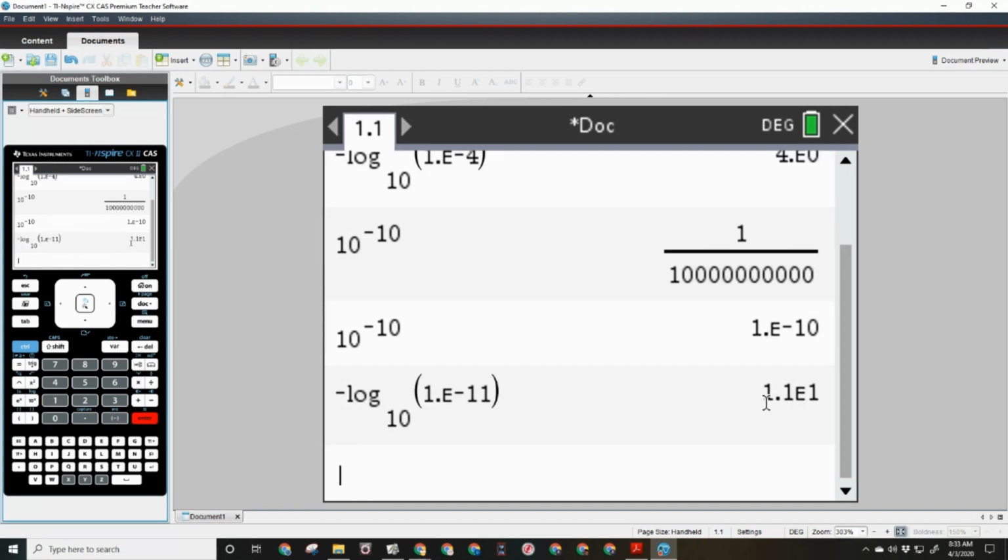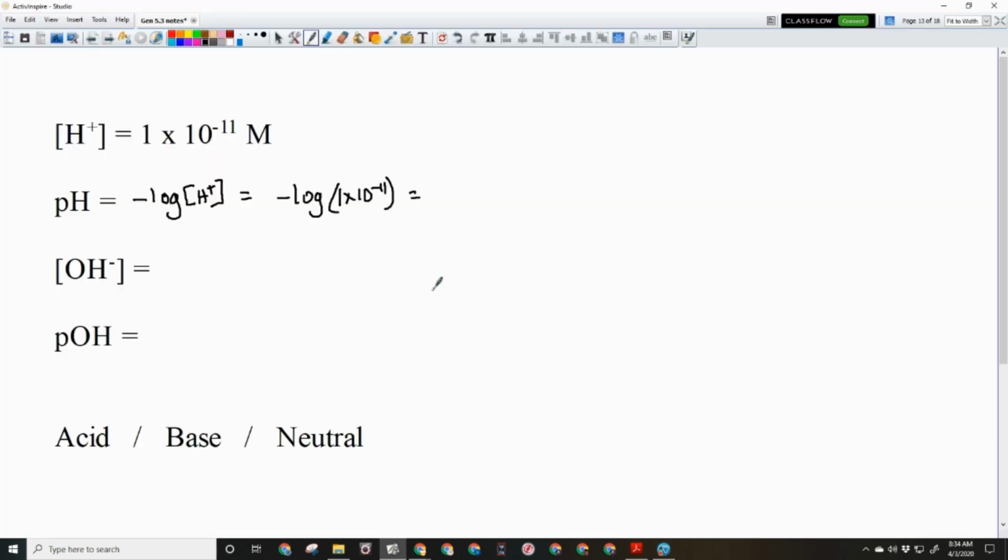Enter. And it's 1.1 times 10 to the first power. So on our calculator, we get 1.1 times 10 to the first power. But pHs are never expressed as this. Remember, pH is anything on the scale of 0 to 14. So we have to convert this from scientific notation to regular notation.